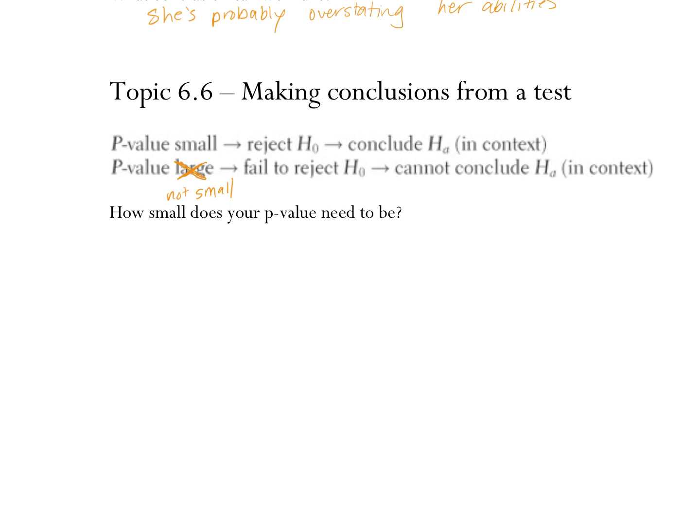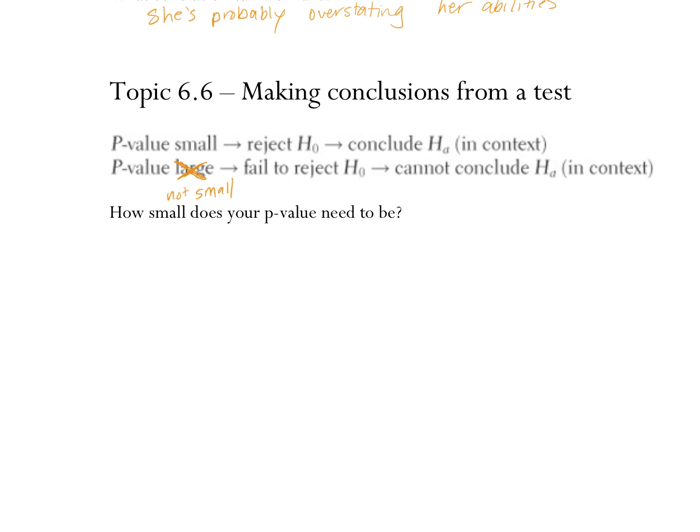I have my null and the alternative. So guess what? Am I allowed to conclude anything? No. Okay. So we never conclude the null. We either reject the null and conclude the alternative, or don't reject the null, and then we don't conclude the alternative. Do you guys see that there's a difference between not concluding something versus saying it's true?